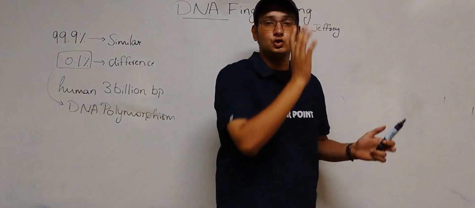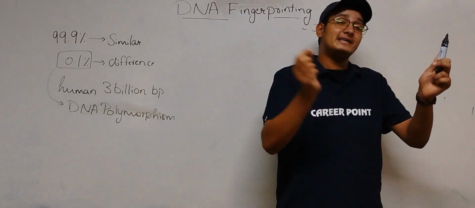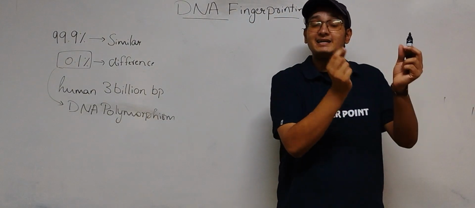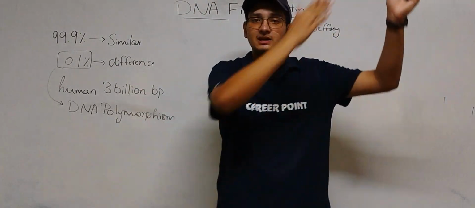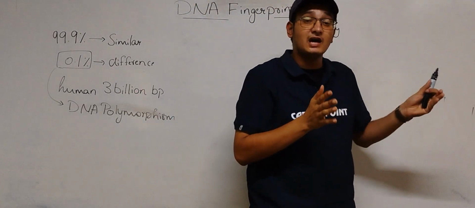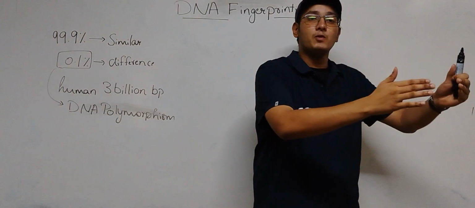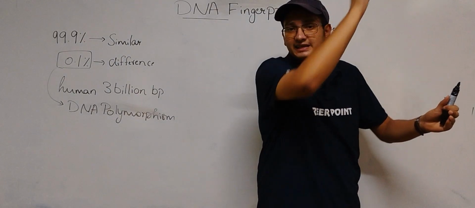Now there is a person 2 called B. He also has a mutation, but at a different place. In the same way, after 2000 years, there is a certain population with this DNA mutation.